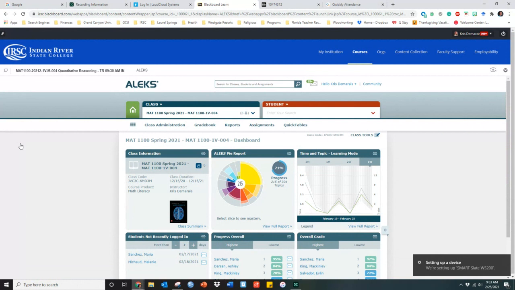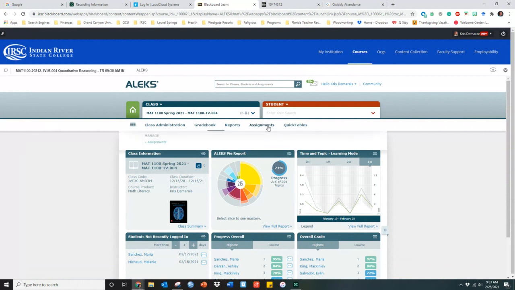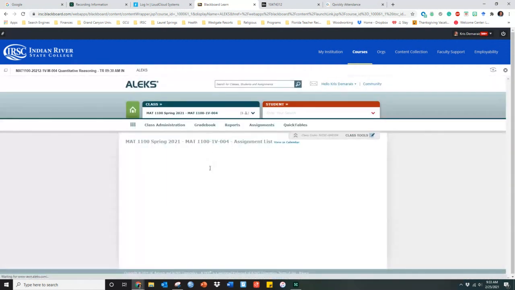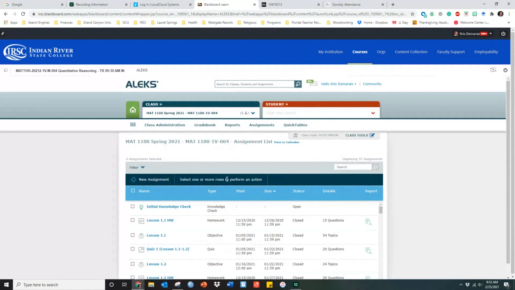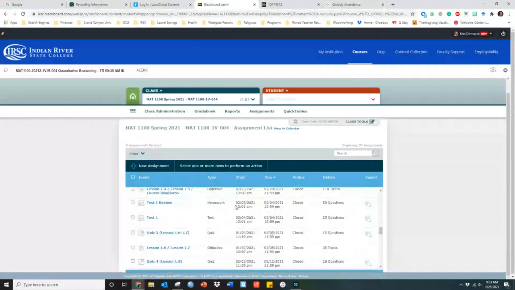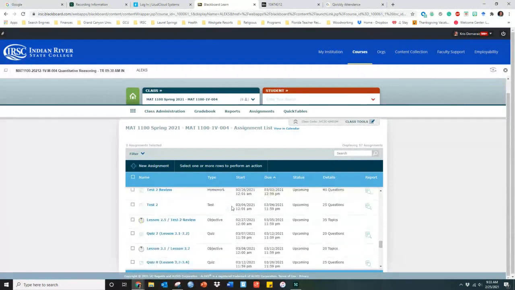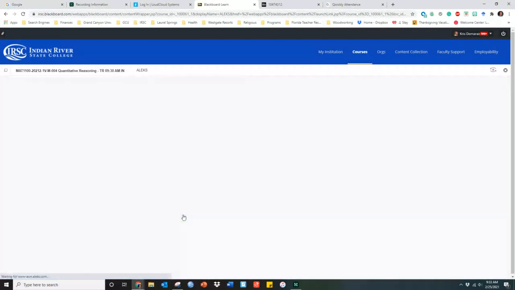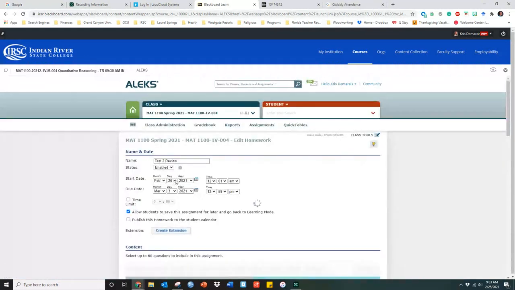All right, so test 2 review. It says it's upcoming. Let me change that parameter. The test 2 should be already open and it's not. Let me make it.